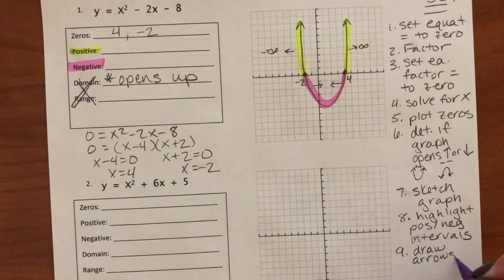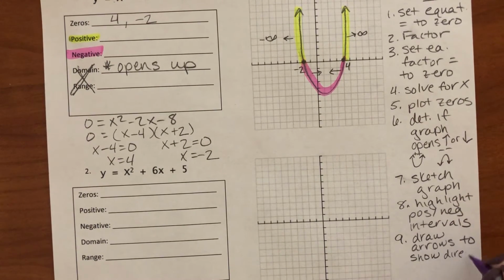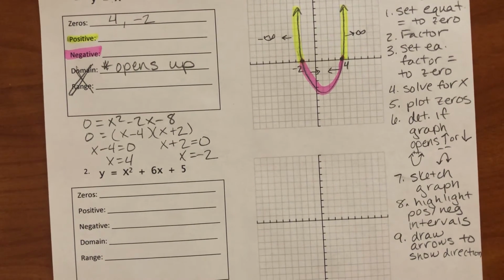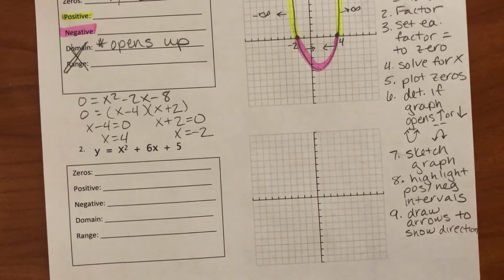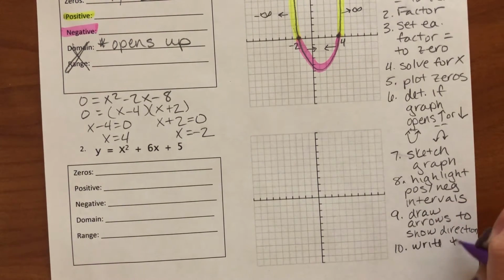So draw arrows to show direction. Okay, and then finally we're ready to write our inequalities. So last step, write the inequalities.